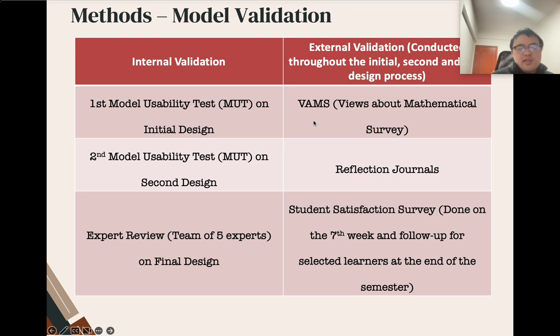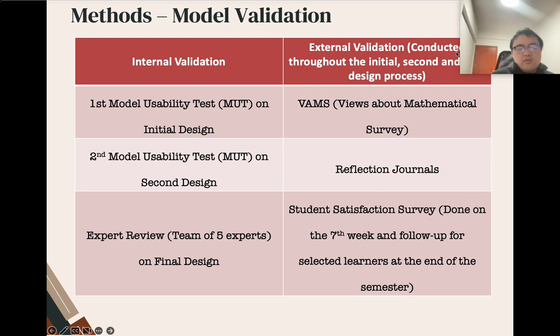So in terms of model validation, like what I've mentioned, there's the internal model validation and the external validation. In the internal validation, there are model usability tests and expert reviews. There are three designs being used: the initial design, the second design, and the final design. There are two model usability tests on the initial and second design, and an expert review on the final design.